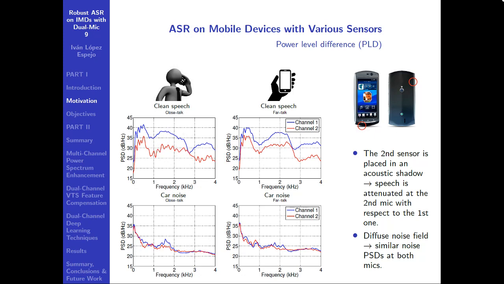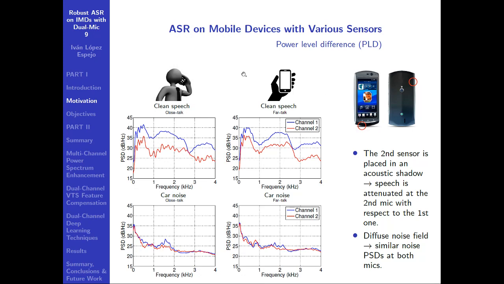Moreover, diffuse noise fields are typically found in real-life environments, and as we can see from these graphs, similar noise power spectral densities are observed by both microphones, and this is valid for both close talk and far talk conditions.